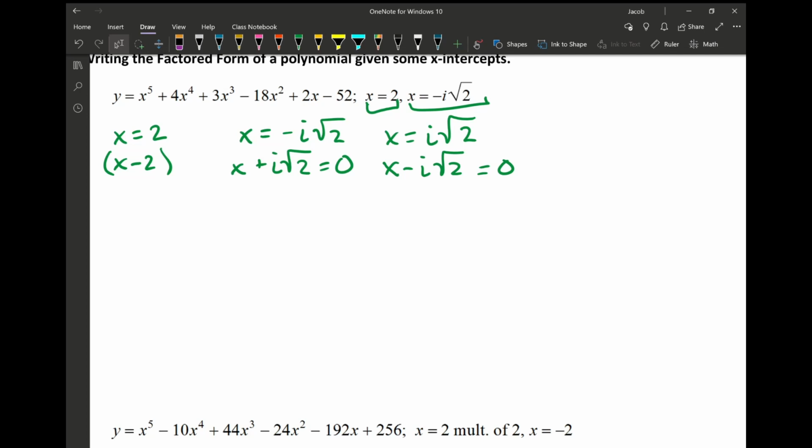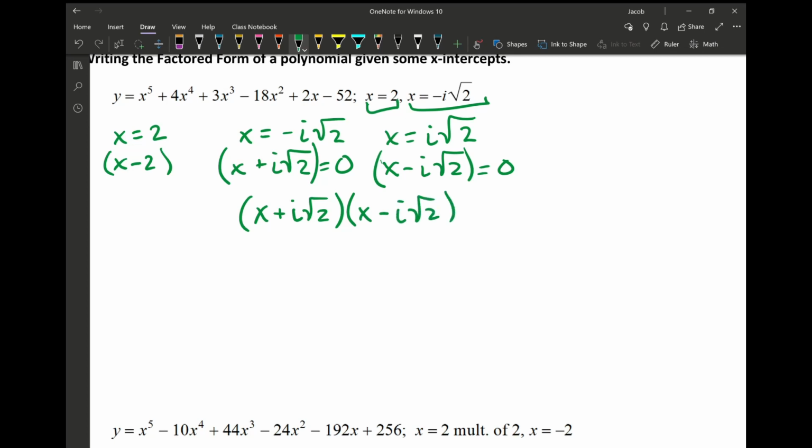Then if we were to multiply these two factors together, we can find the binomial that created these two factors, which is going to be more helpful to finding the fully factored form. So if we multiply these two together, we ought to get rid of the imaginary piece.